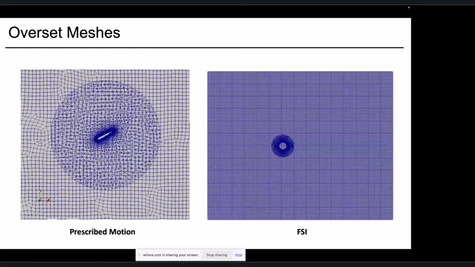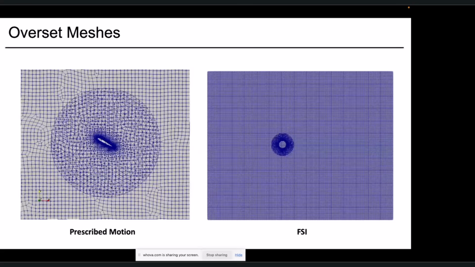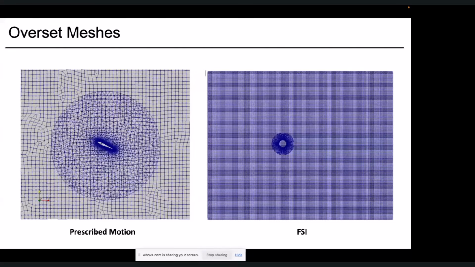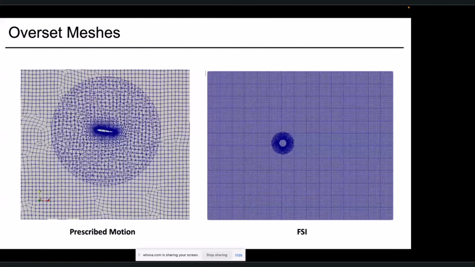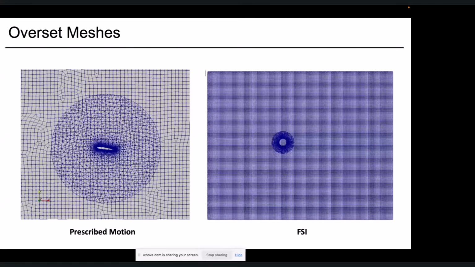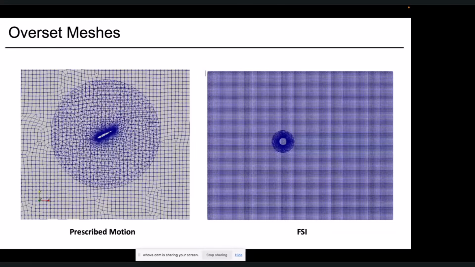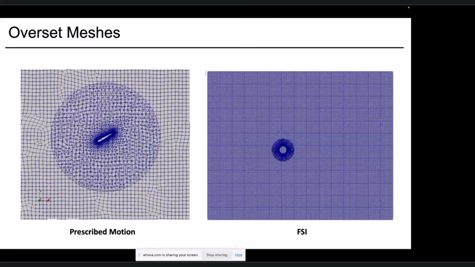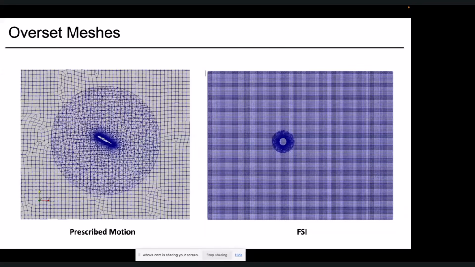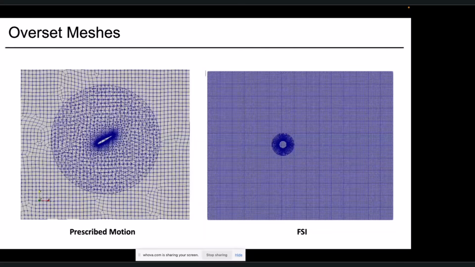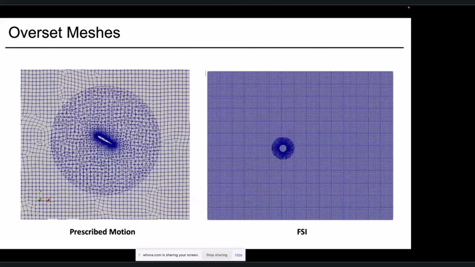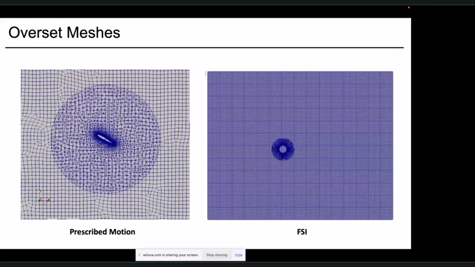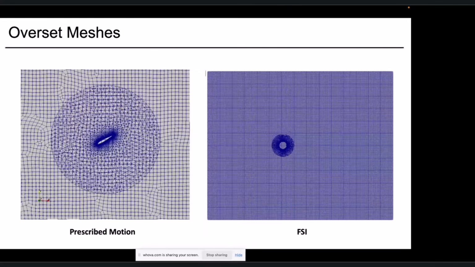So here are the same two problems that I have already demonstrated using the mesh morphing example. One is the prescribed motion flapping airfoil. The other is the 6 degree of freedom fluid induced motion of the cylinder. You can see the beauty of overset meshes is that we can prepare the different mesh components in any third-party software or in any way we prefer, and then just merge them all together.